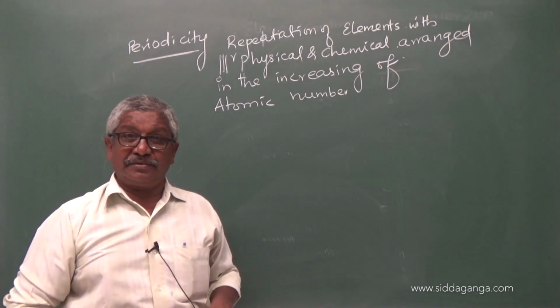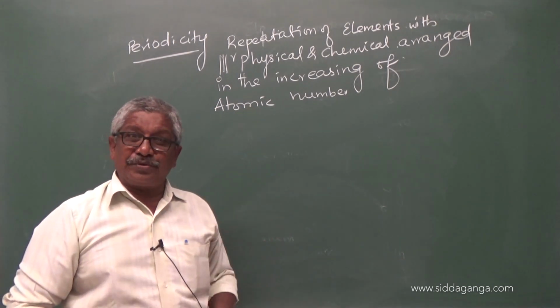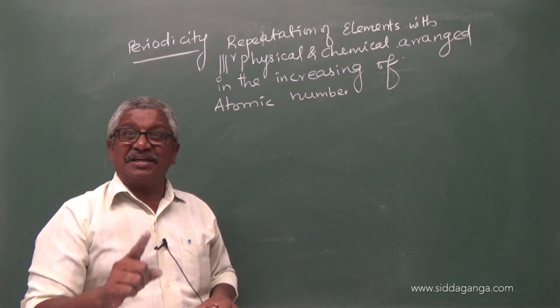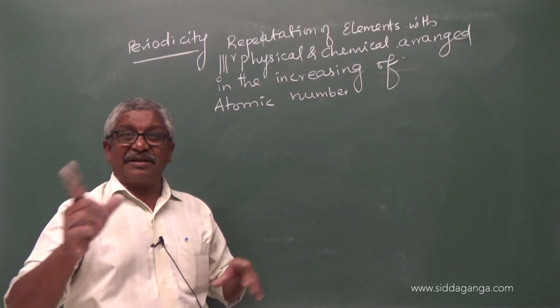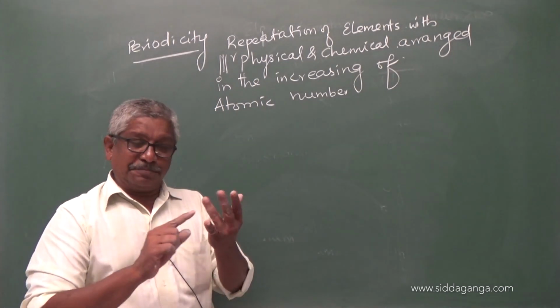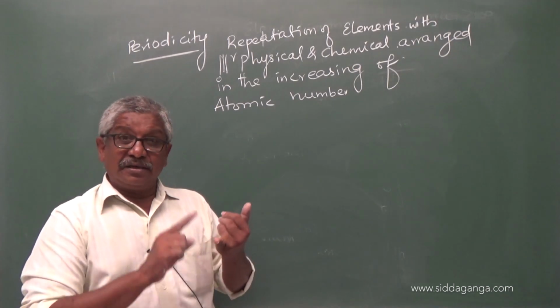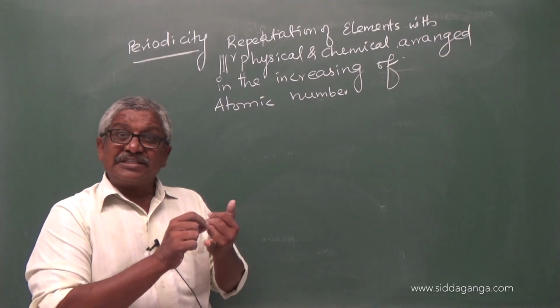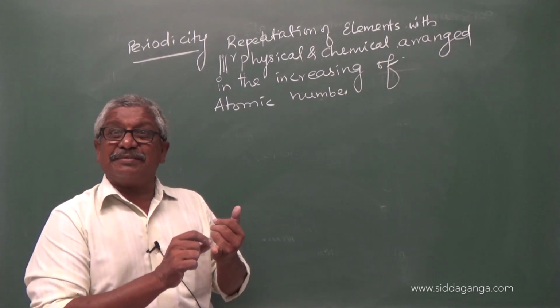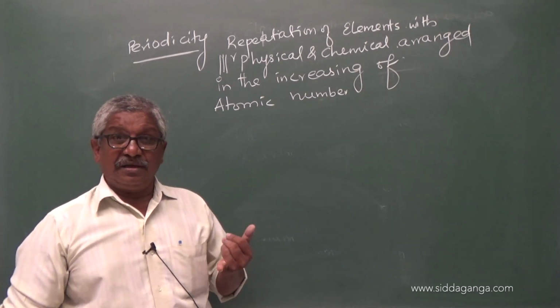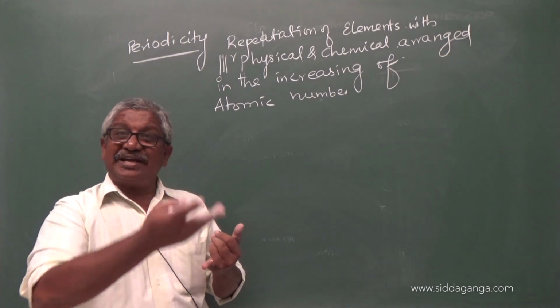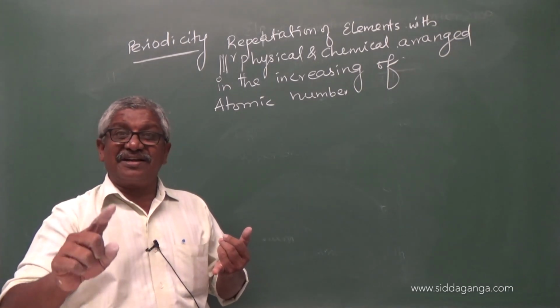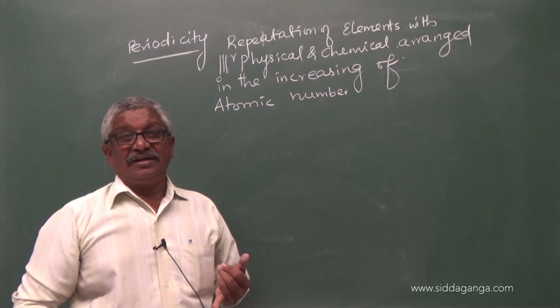First point, in each group, elements will have similar physical and chemical properties. First point, periodicity means repetition of elements. Which elements? Elements with similar physical and chemical properties. On what basis do we arrange them? In the increasing order of atomic number.